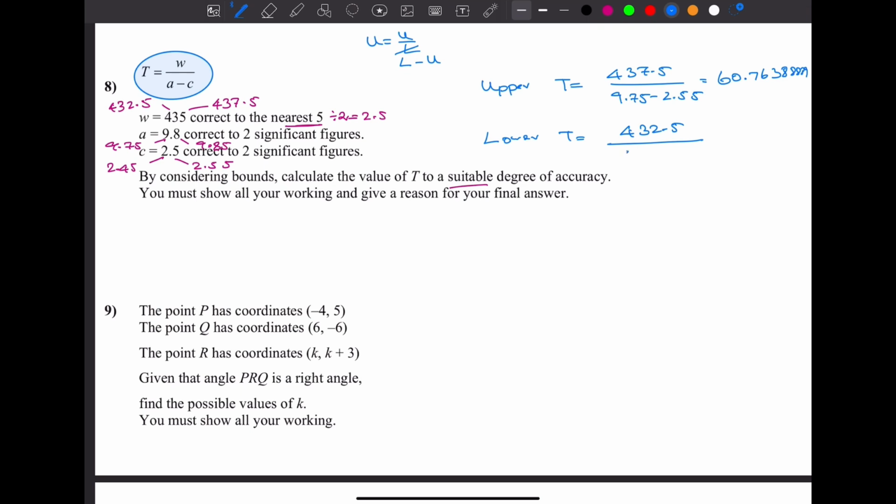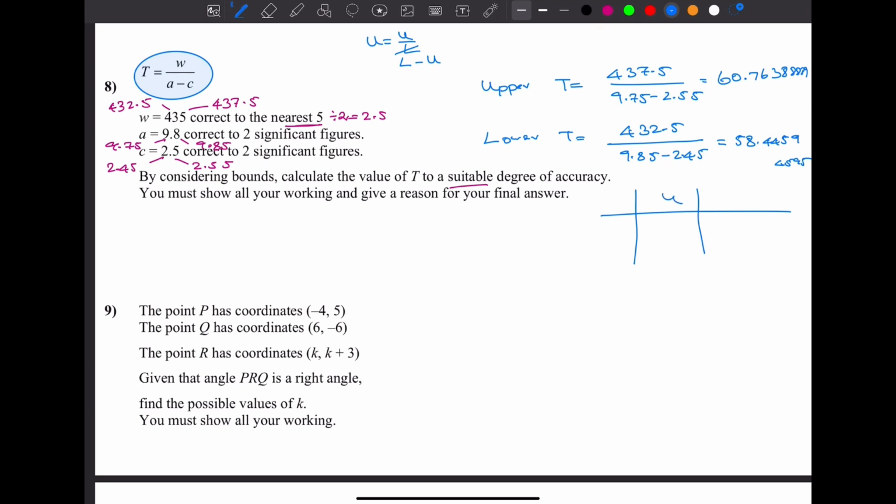So upper is 9.85, take away lower is 2.45, which gives you 58.44594595. Okay.